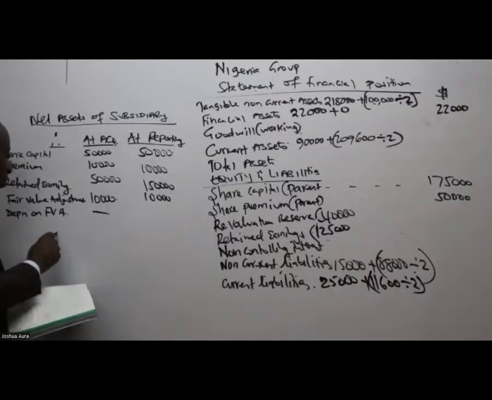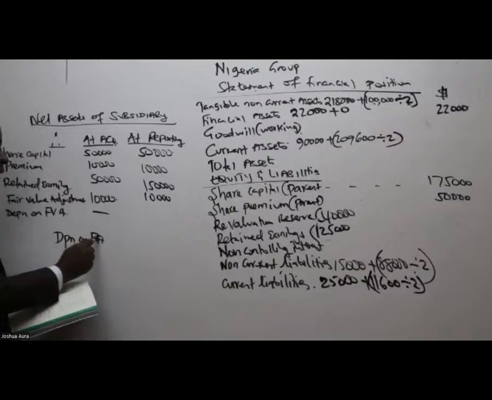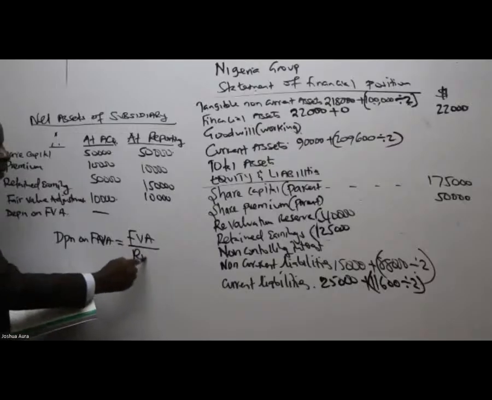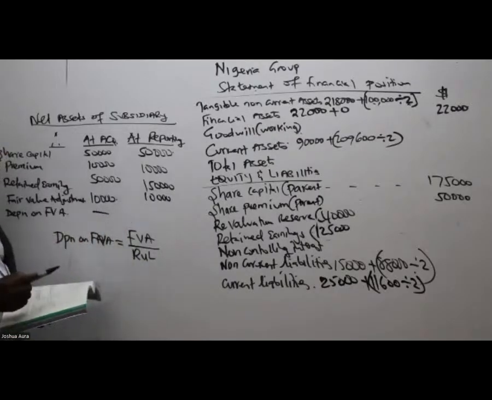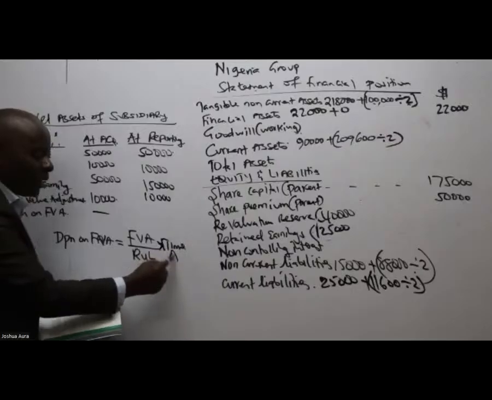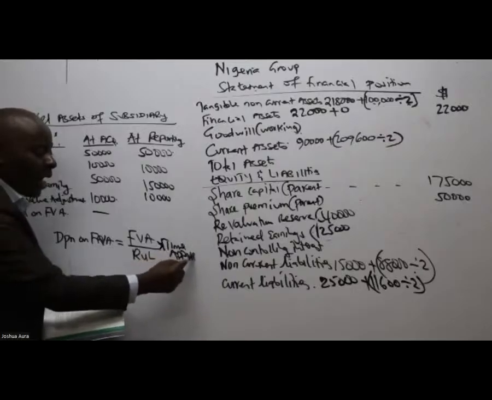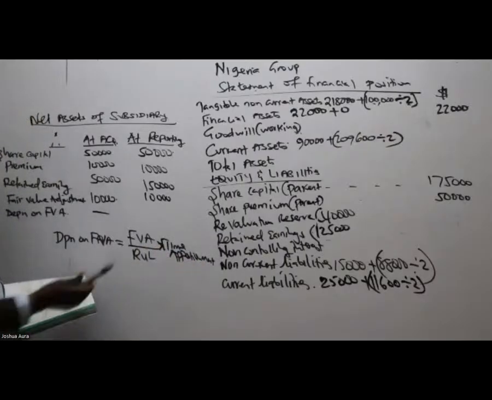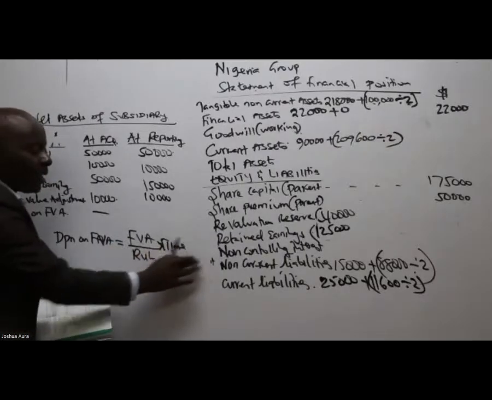To get the depreciation on fair value adjustment, you always take the fair value adjustment itself and divide by the remaining useful life, times time apportionment, if there is any.